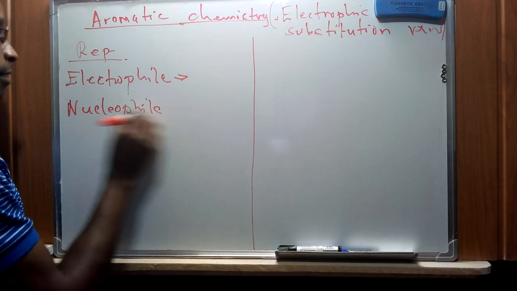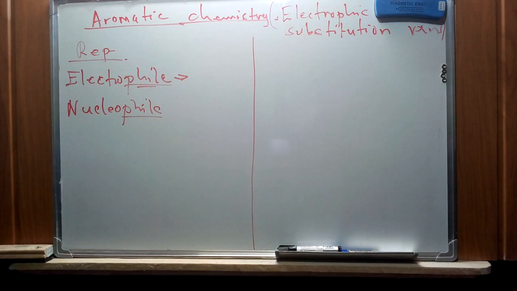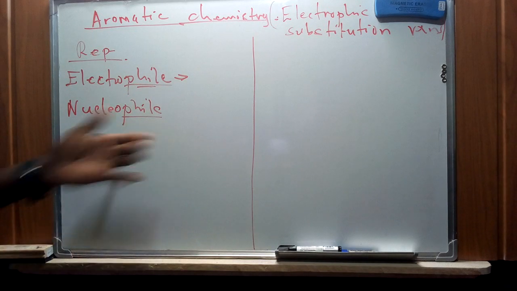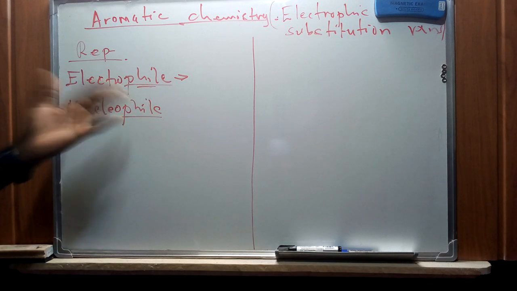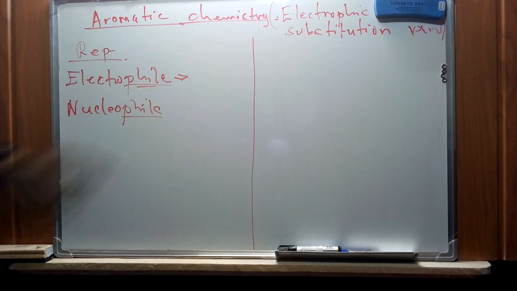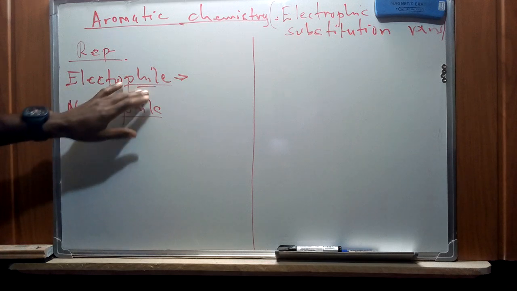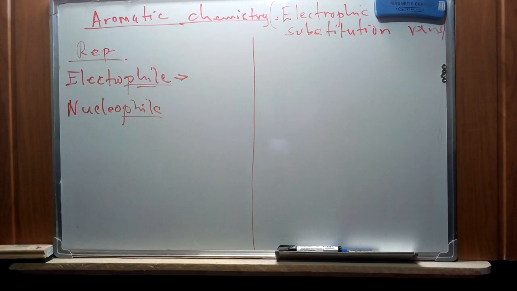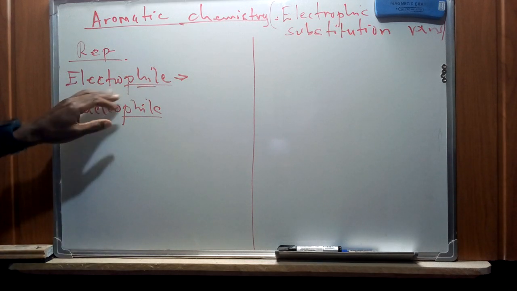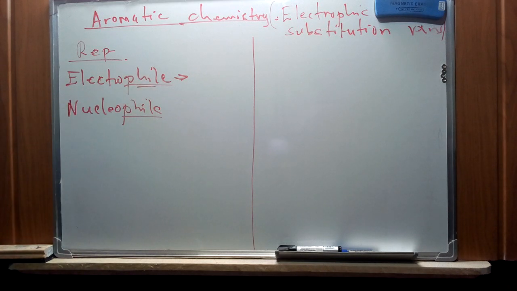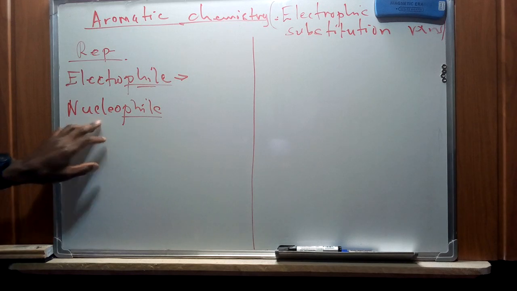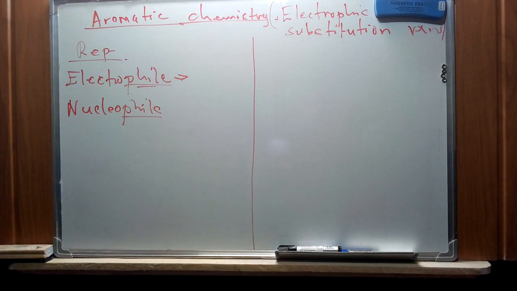As we can remember, this suffix comes from the term meaning loving, like electrophile. It is used to refer to something that has a tendency or liking for. So an electrophile is an electron-poor species that has a tendency of attracting electrons, while a nucleophile is an electron-rich species.